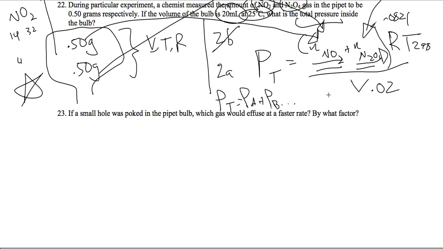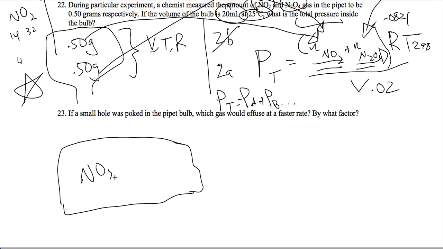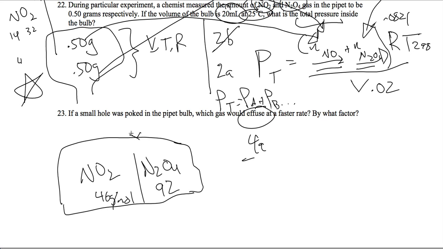23 says if a small hole is poked in the pipette bulb, so here's the bulb. Inside it you have NO2, which we found out up there weighs 46 grams per mole, and you have N2O4, which we know weighs 92. If a small hole is poked, which one would diffuse faster? So we know with effusion, if you look at equations 4a, the lighter one is faster.